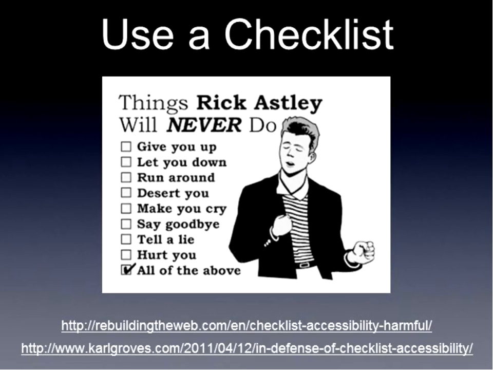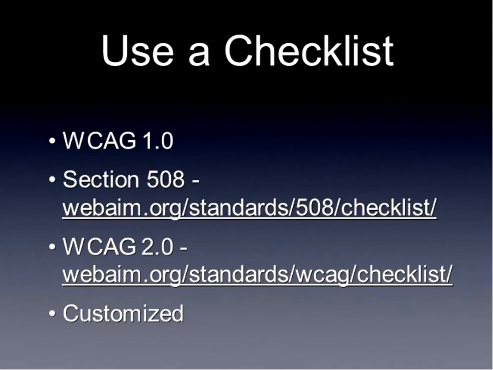Meaning, if all that people did was go through a checklist and check these boxes, that doesn't necessarily result in an accessible experience, and that's very true. And there's a counter argument that says, hey, checklists really can be valuable. Of course, they don't do everything, but checklists can be helpful. So we recommend using a checklist that's based on accessibility standards.